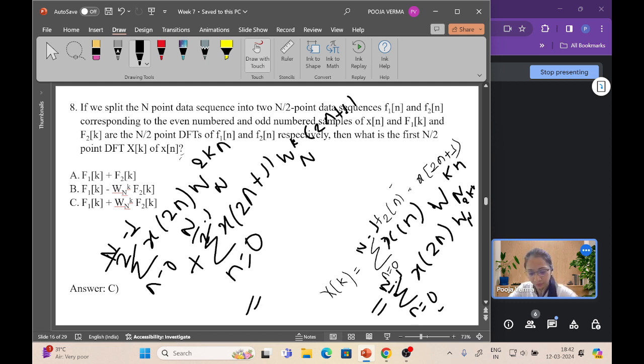Okay, so from here, n is equal to 0 to N minus 1.